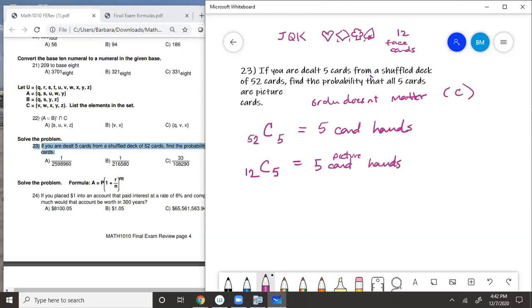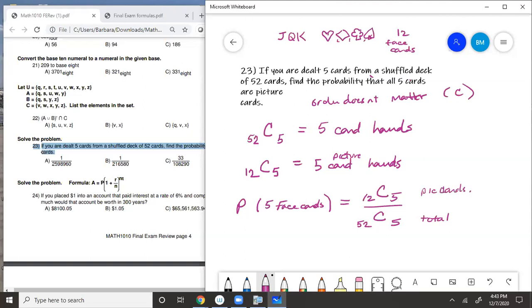So the probability of getting all 5 face cards is equal to, we're going to divide these, the combination of 12 items taken 5 at a time divided by the combination of 52 taken 5. That's your total, and this is what we're wanting, the picture cards.